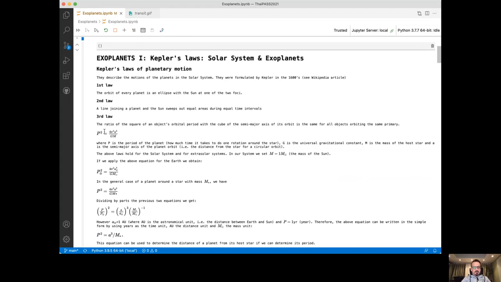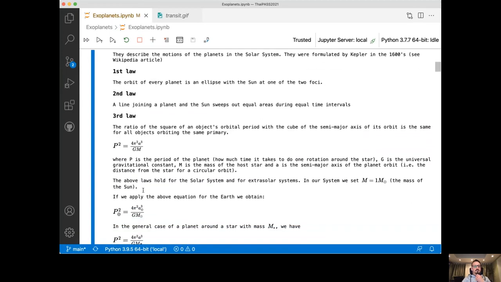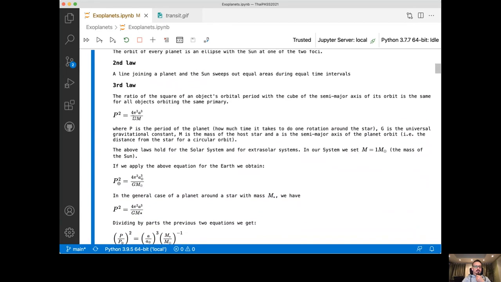Maybe I can make it a bit bigger. So in this equation, P is the period of the planet, and A is the semi-major axis, which for a circular orbit is the distance of the planet from the star. Here M is the mass of the star, and G is the constant of gravity.